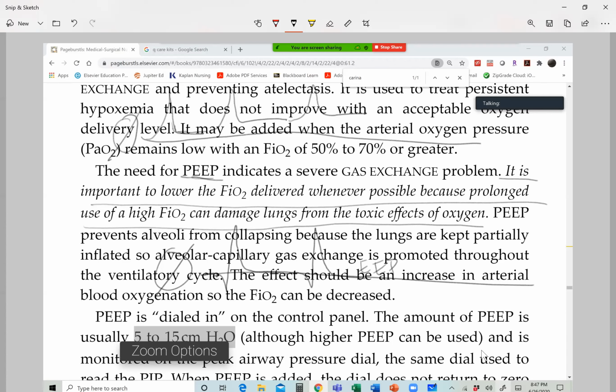All right? But remember, the higher your PEEP, the greater the effect on the heart, the greater the burden on the heart. Because what happens is, this is your heart, these are your lungs. The higher your PEEP, you're keeping the lungs inflated longer.